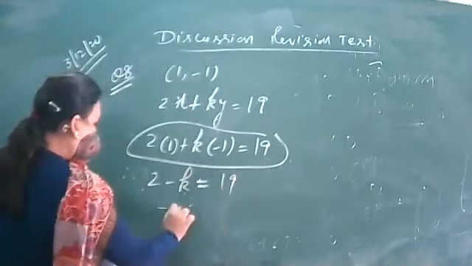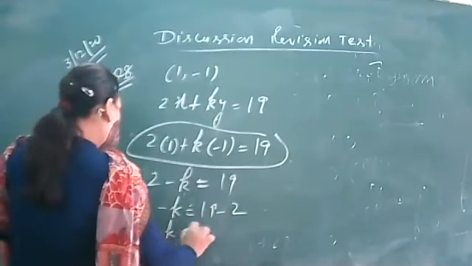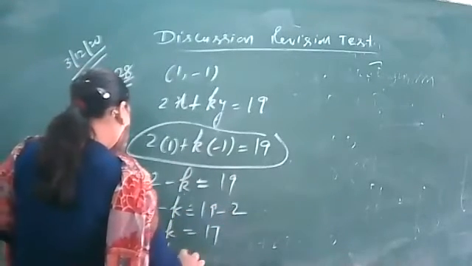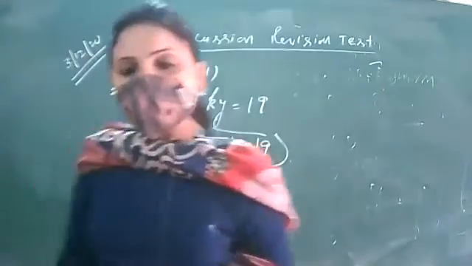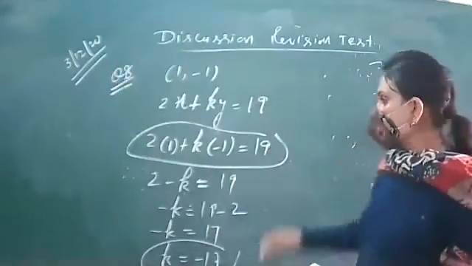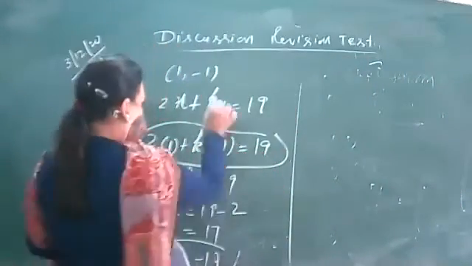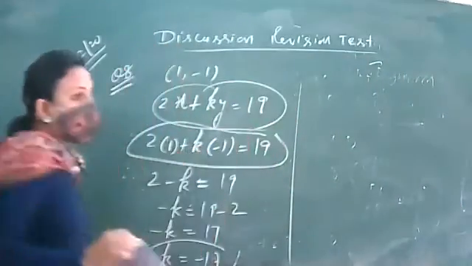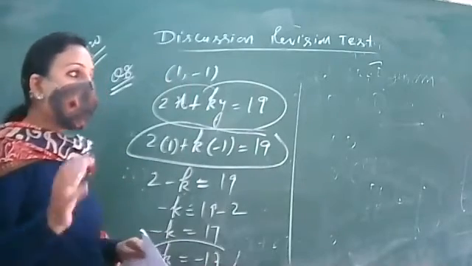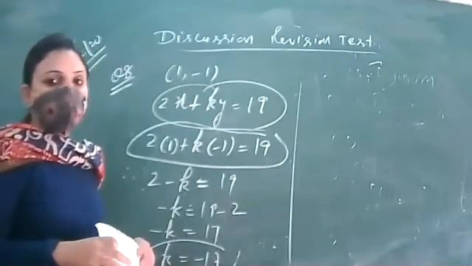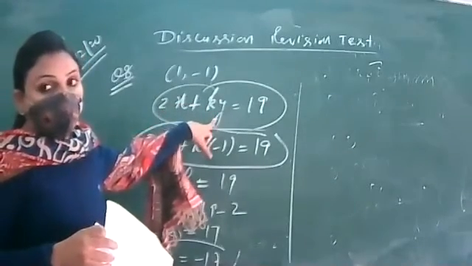So let us find the value of k here. 2 minus k equal to 19. Minus k is 19 minus 2, minus k is 17, k comes out to be minus 17, right? So he says find one more solution of this equation. What mistake students used to do here, without looking at that we want to find the solution, but here k is sitting, which will create problem.